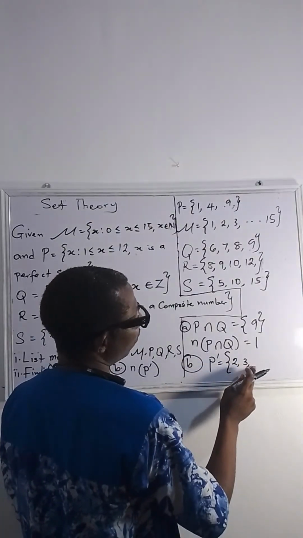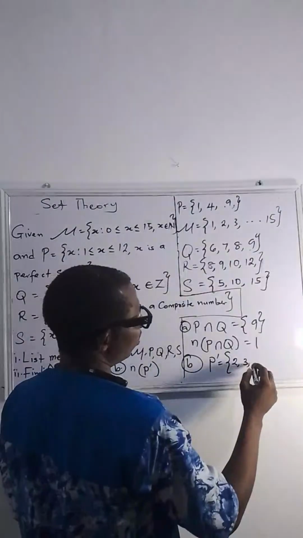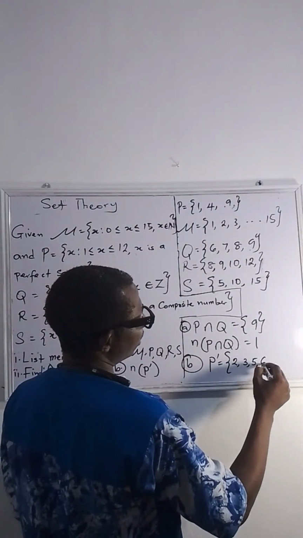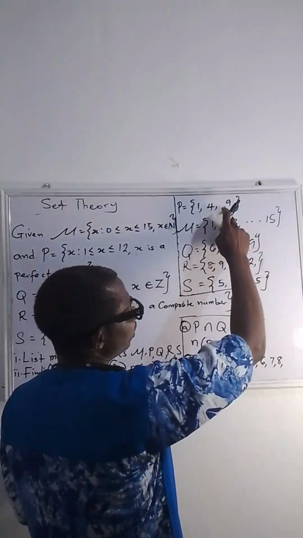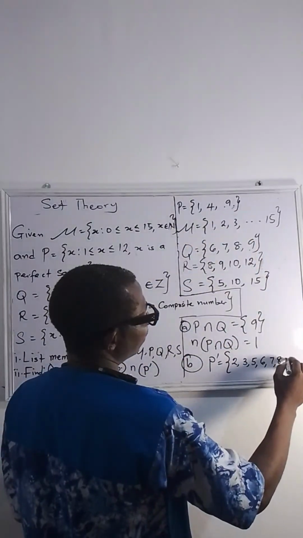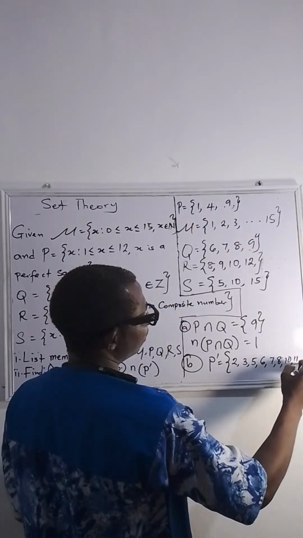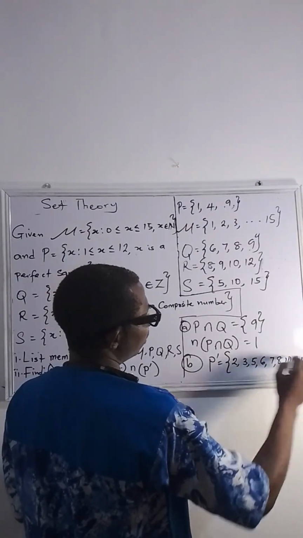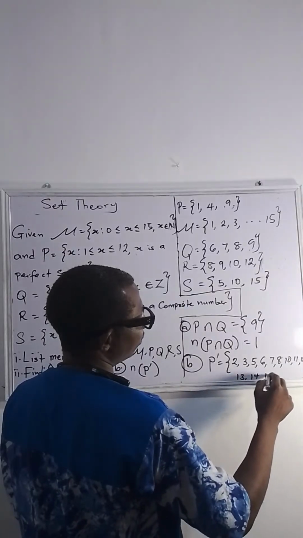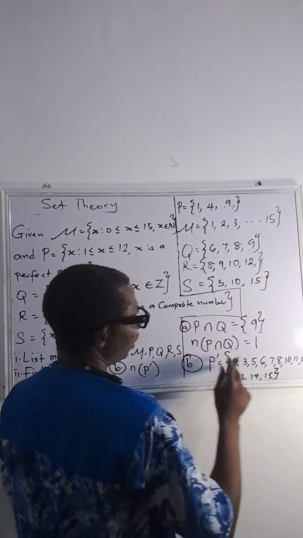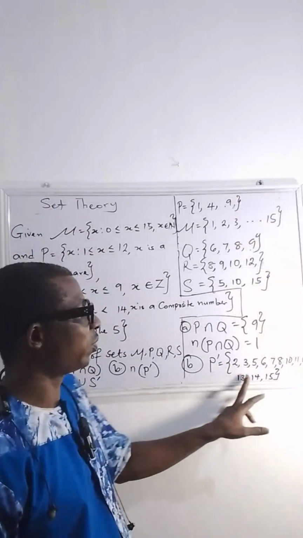I will not list 4 because 4 is in P. So I move down to 5, 6, 7, 8. I'm not going to list 9 here. I have 10, 11, 12, 13, 14, and 15. So this is P complement.